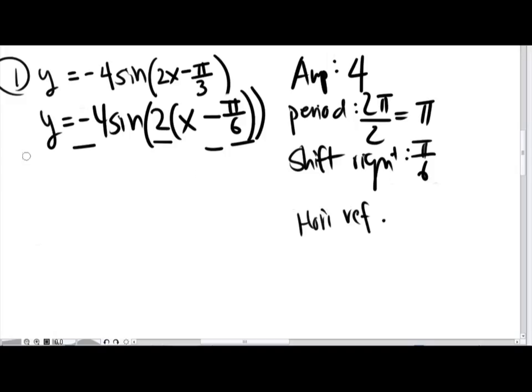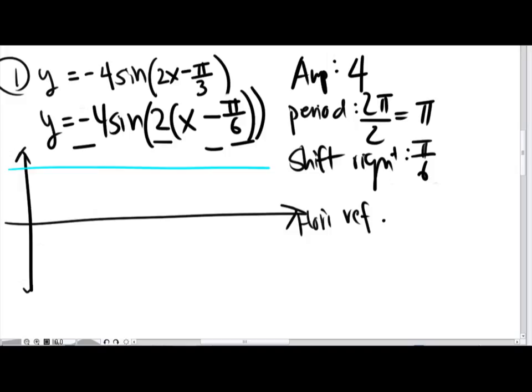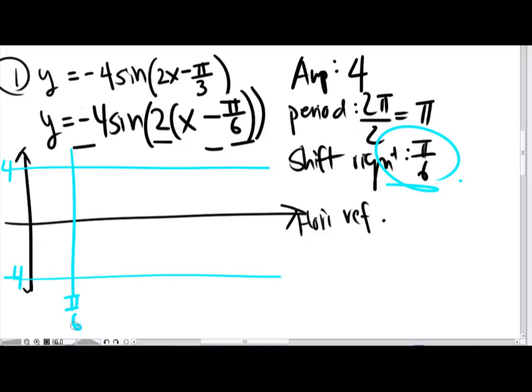So if we put this all onto a graph, then we have this. So it's from 4 to -4, and then we have a shift to pi over 6, so we're going to start from pi over 6. And then our period is pi, so that brings us to 7 pi over 6.